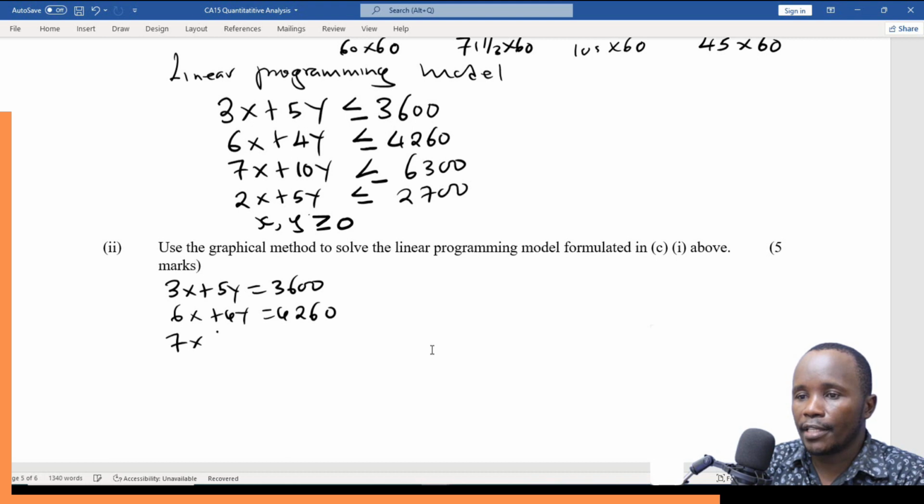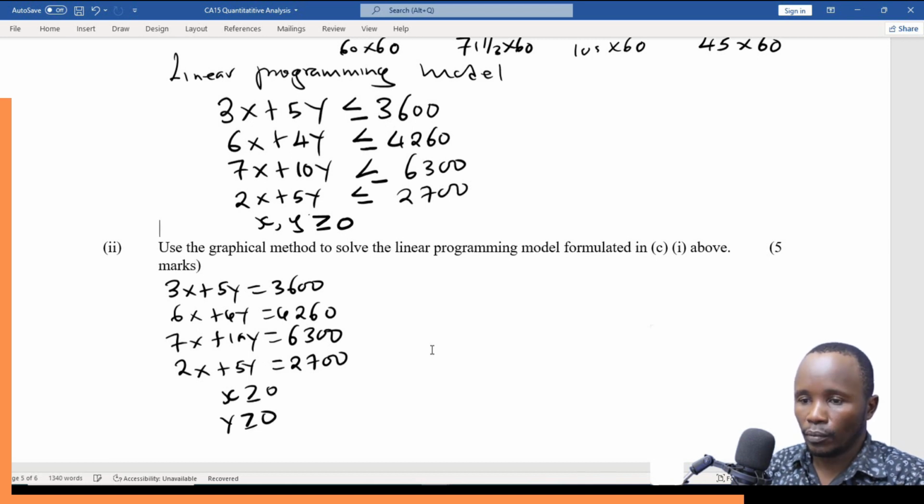Then 7x plus 10y is equals to 6,300. And 2x plus 5y is equals to 2,700.